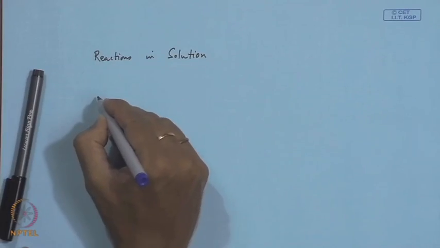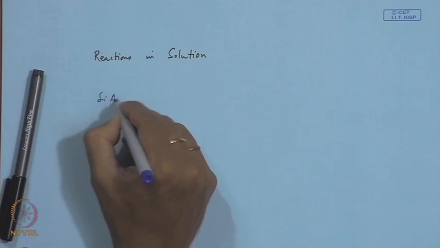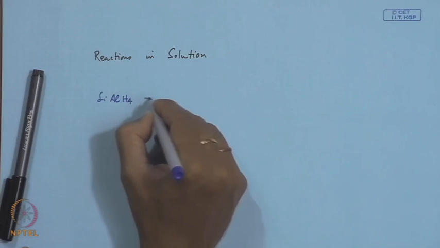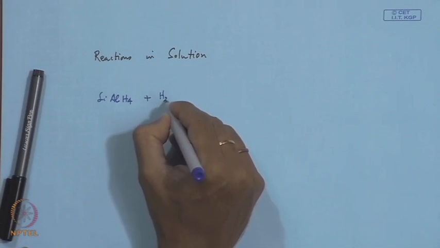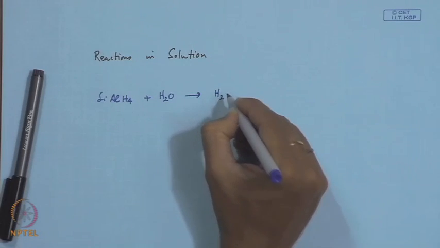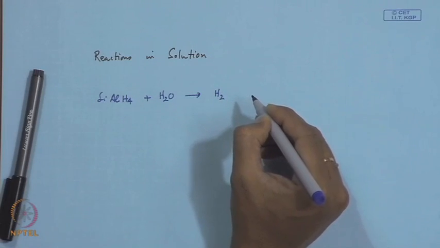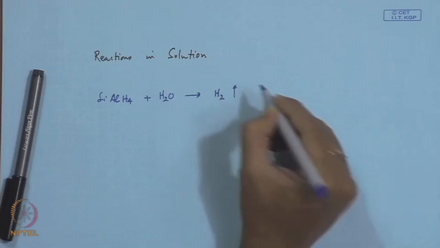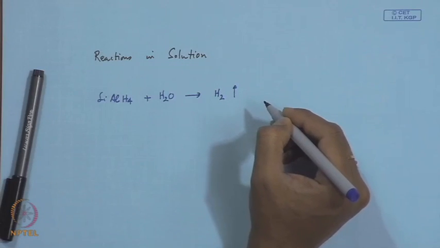So, the water can itself act as your reactant, like say for example, lithium aluminum hydride. If it comes in presence of water, then hydrogen is liberated, and of course lithium hydroxide.